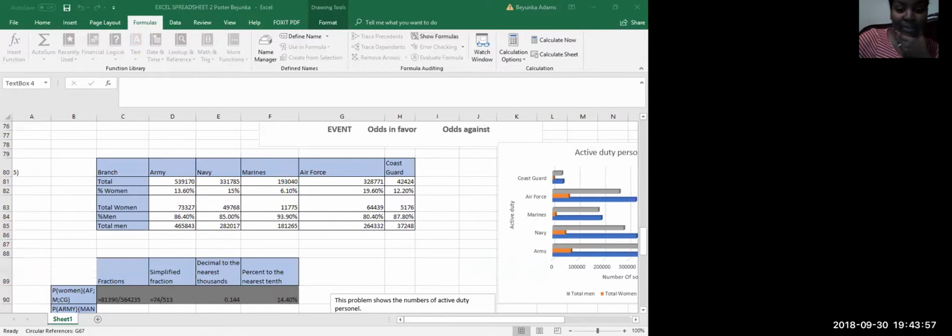Then we write the reduced fraction, decimal to the thousandth place, and the percent to the tenth place. So what I did was I filled in the total women, total men, Air Force, Coast Guard, Army.